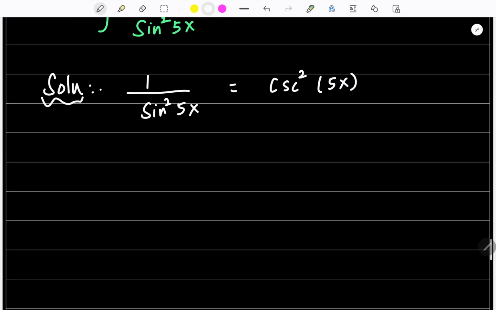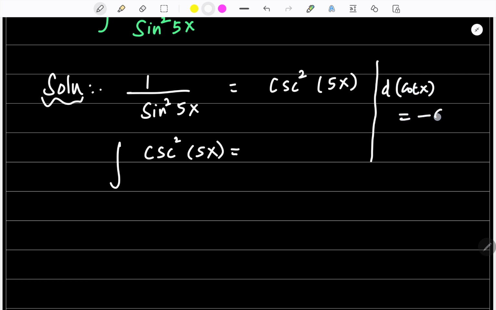So now we are going to do the integral of cosecant square 5x. Let me write the rule again. What is the derivative of cot x? The derivative of cot x is minus cosecant square x.